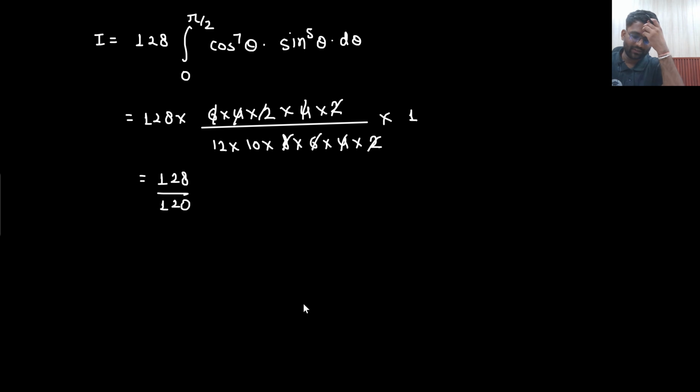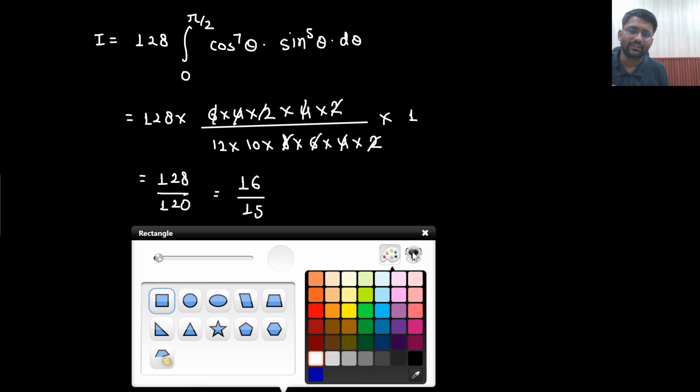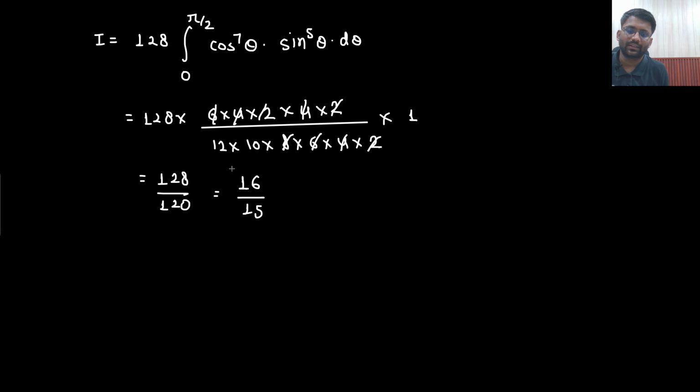So 128 divided by 120, using the table, 8 1s are 8, 8 6s are 48, and 8 1s are 8. 16 by 15 is the answer. Yes, that's the answer you are getting. So yes, that's the correct answer.